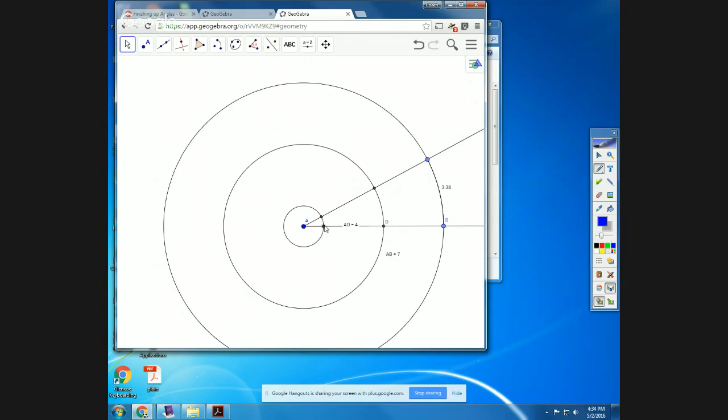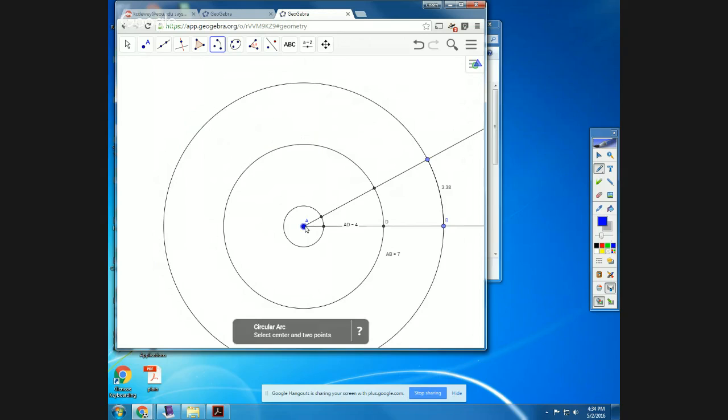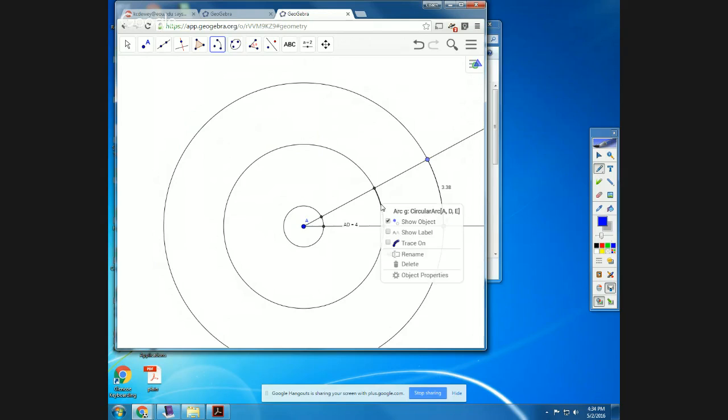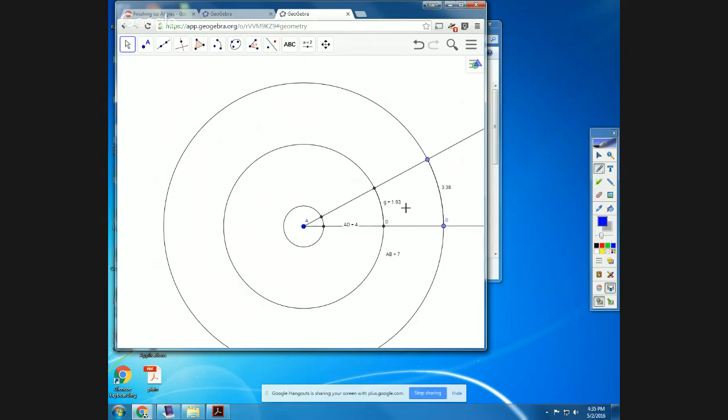Okay. So I'm going to see if I can get it to measure the other arcs here. So let's go from here, there, there, and I get this new arc. Properties, show me the name and value. And this should be a slightly smaller number, 1.93.